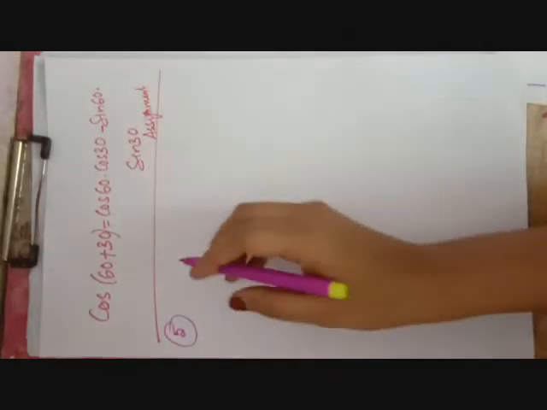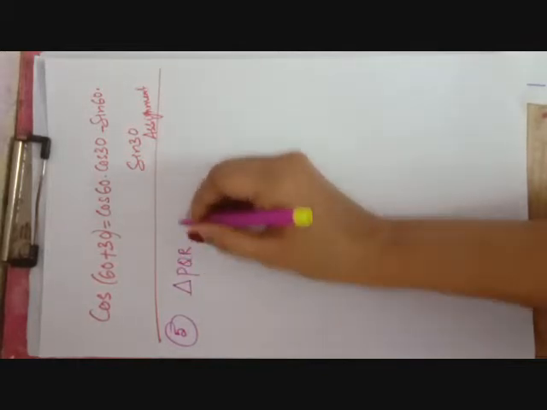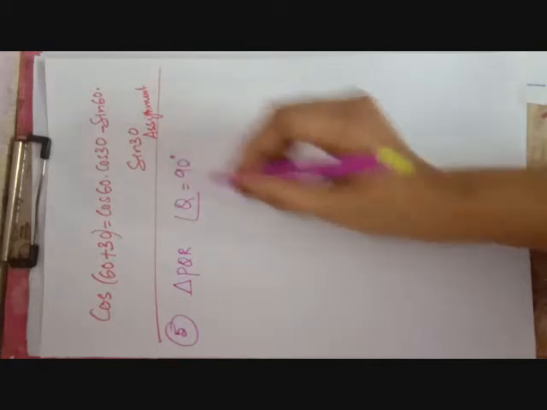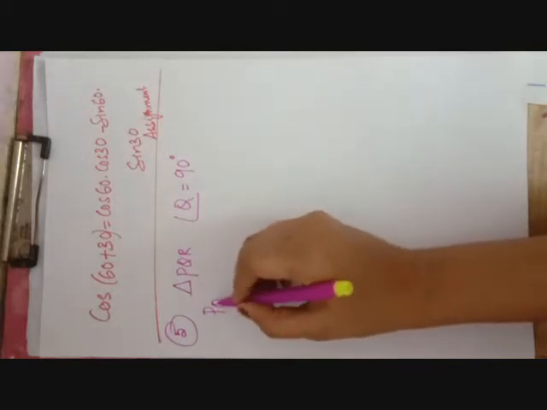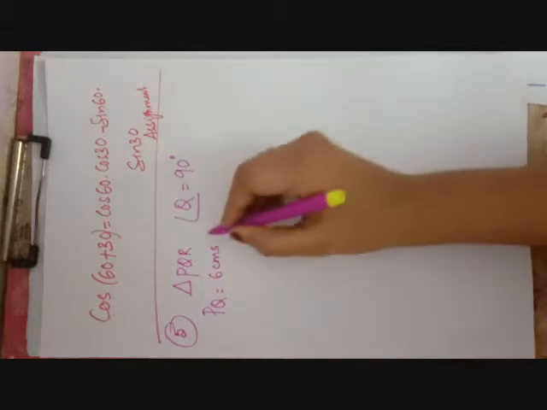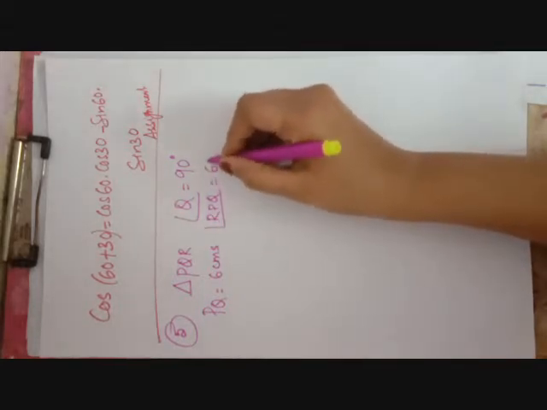In a right angle triangle PQR, the right angle is at Q, that is angle Q is 90 degrees. This is given. What else is given? PQ is equal to 6 centimeter. This is also given. And angle RPQ is equal to 60 degrees.